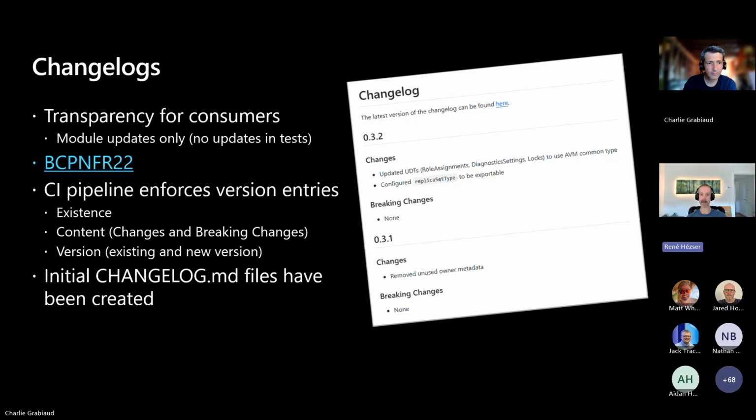The spec has been out for a couple of months already, but just last week we enforced the continuous integration pipeline by checking the existence of changelogs and for valid content, so that meaningful content is in there, that the versions are correct, and basically doing the usual CI validation stuff. Initial changelogs for all existing modules have been added.